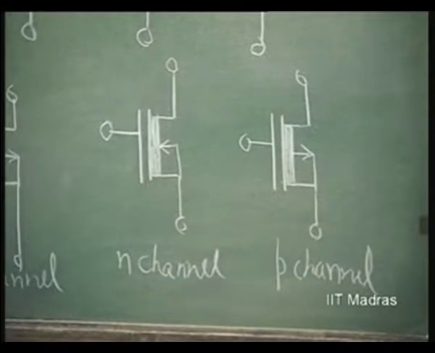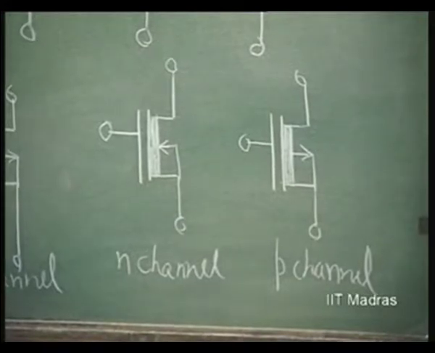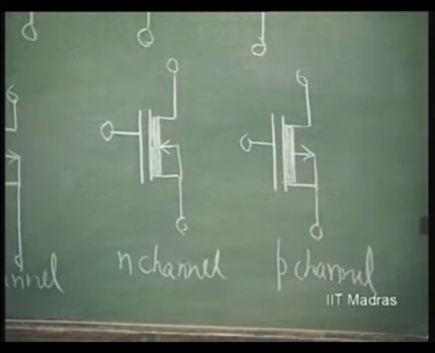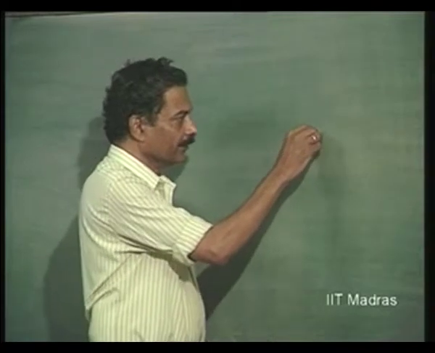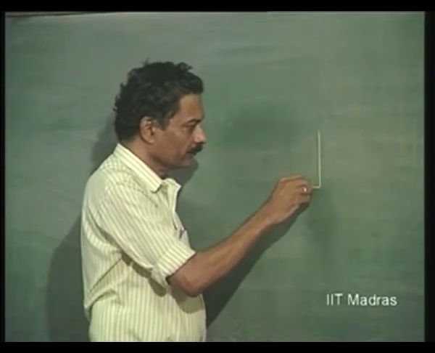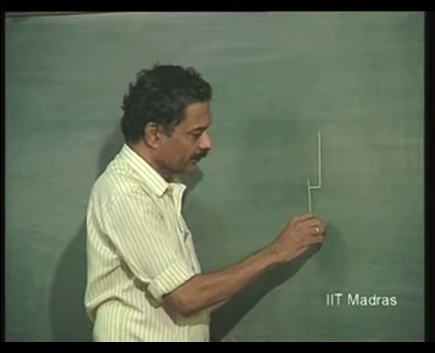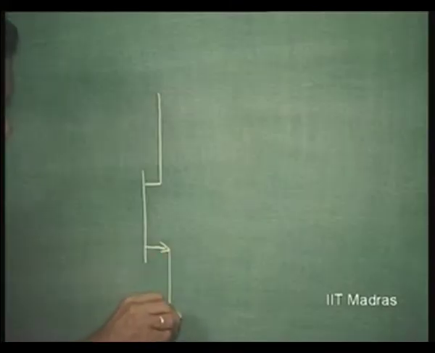So, let us therefore use these active devices in a variety of applications. First and foremost, I would like to bring out the fact that any of these FETs one can use as a resistor, a voltage dependent resistor.